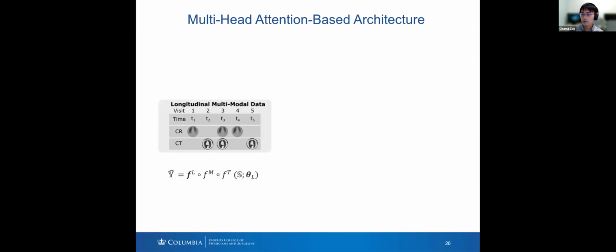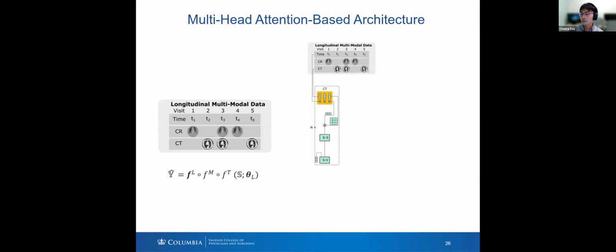This is an example of using the attention mechanism to integrate longitudinal CT and chest X-rays. And the longitudinal CT and chest X-ray is an example of longitudinal multimodal data. We illustrated its direction to first integrate across time points.